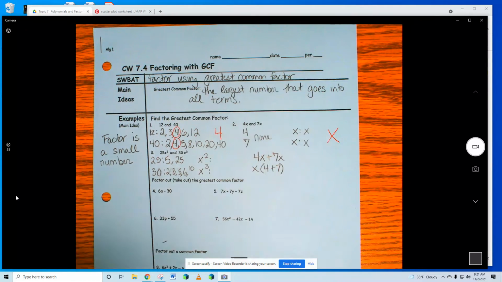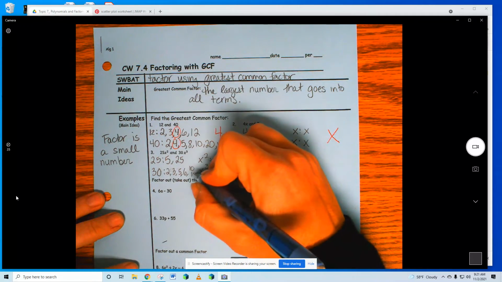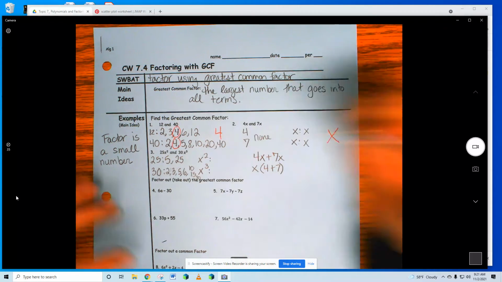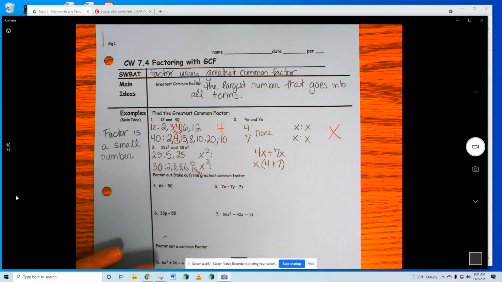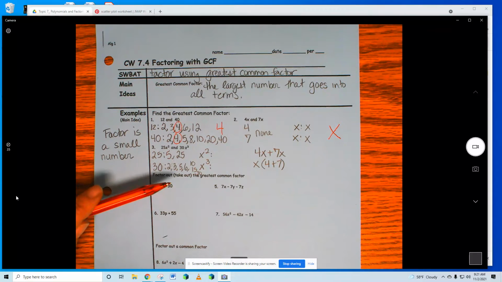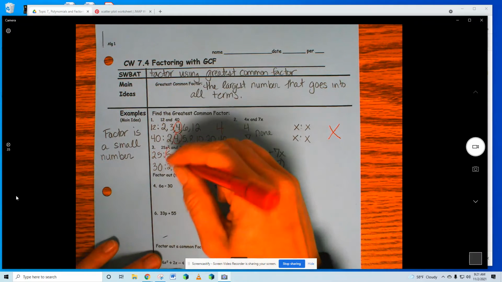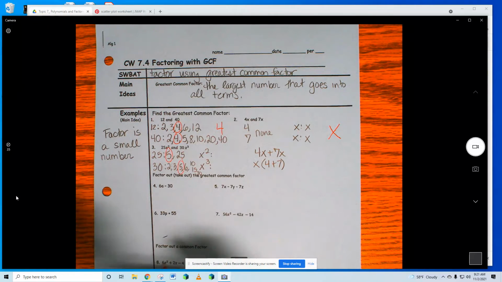What's half of 30? 15 and itself, 30. What's the greatest common factor of these? What number is in both 25 and 30? 5. So far, 5 is the GCF for the numbers.